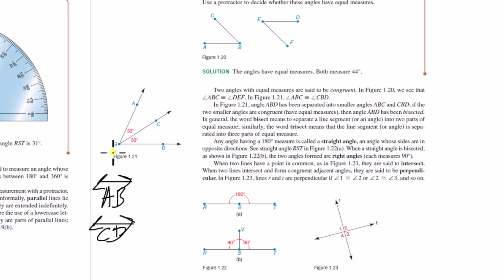If we draw another straight side to where we separate angle ABD into two separate angles, and if those two angles are congruent, which also means that the measures of the angles are equal, kind of like with line segments, if the lengths of two line segments are equal, then those segments are congruent, then this angle ABD is said to have been bisected.